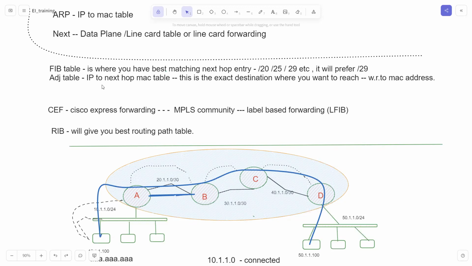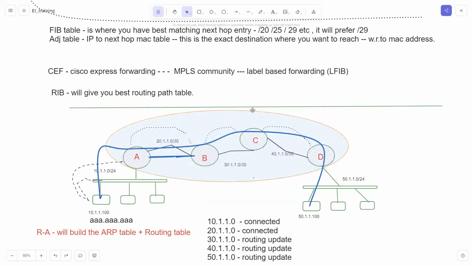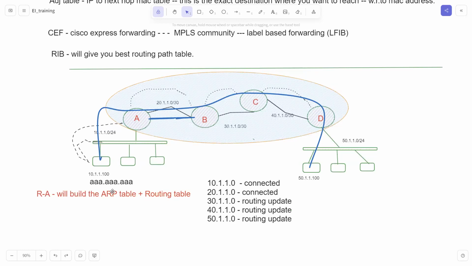So that's the importance of ARP, the routing table, and everything we are doing. ARP is where you get the MAC address. With the help of ARP and the routing table, the actual forwarding happens, and you reach the actual destination.